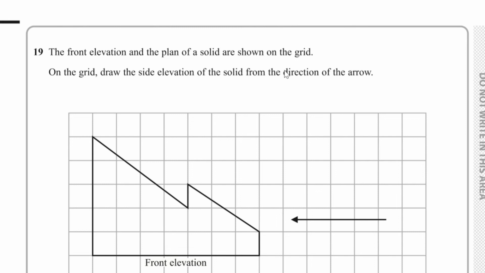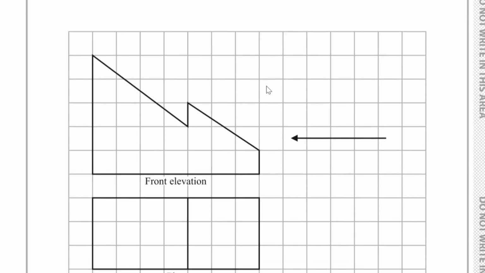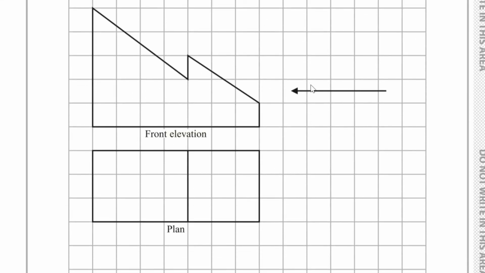Question number 9. The front elevation and the side plan of a solid are shown on the grid. And we have to draw the side elevation of the solid from the direction of the arrow. So when we look at it from the front, we see a certain shape, like so. And what we need to do is show this front elevation.